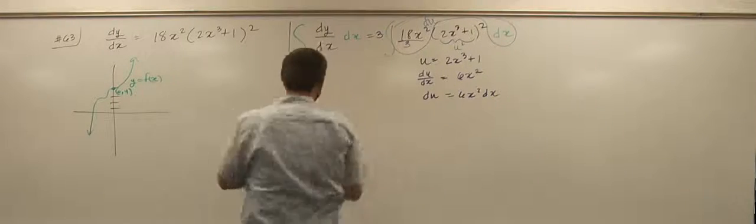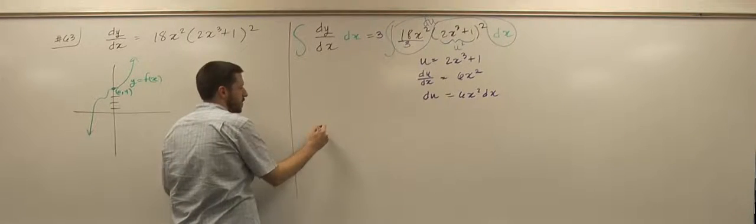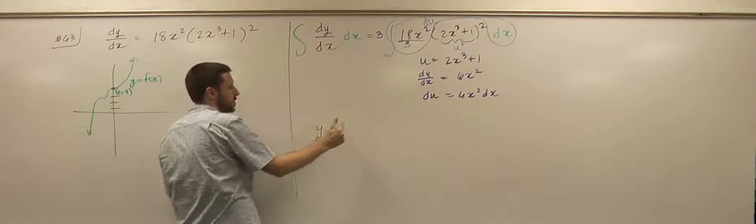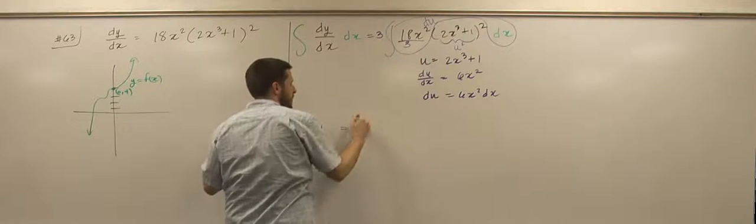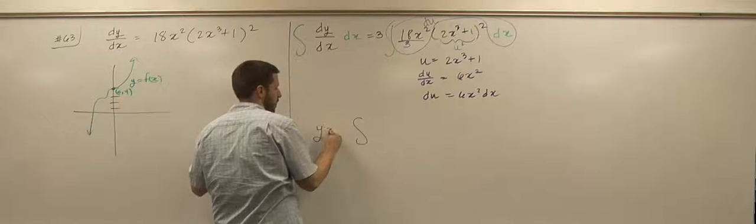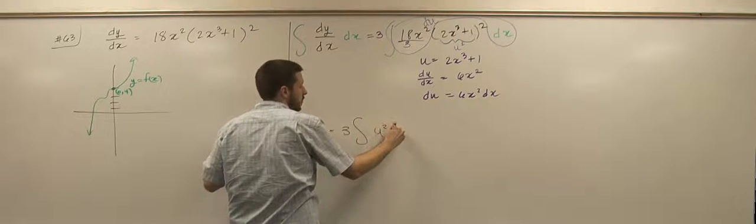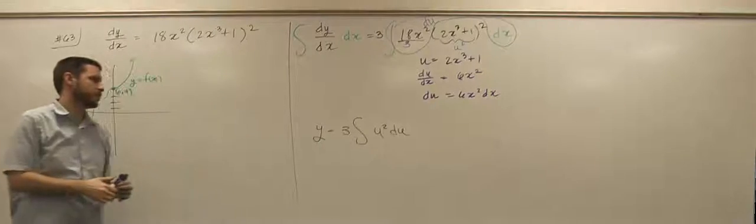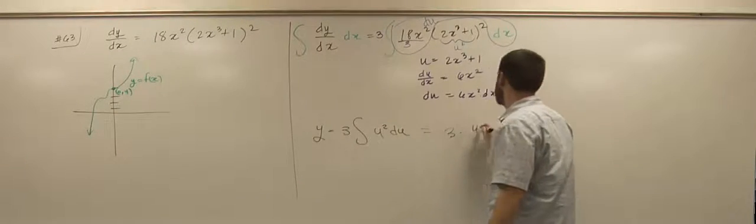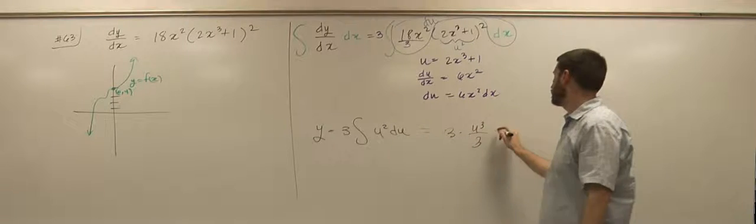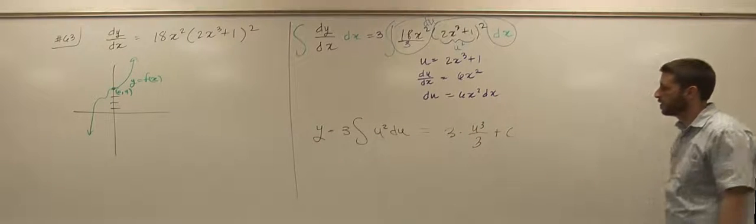So on the left, I said I'm going to get y, because when you integrate the derivative, you get the original function. On the right, it's going to turn into 3 times the integral of u squared du. So 3 times u cubed over 3 plus a constant.